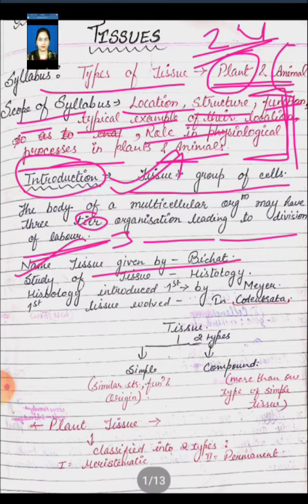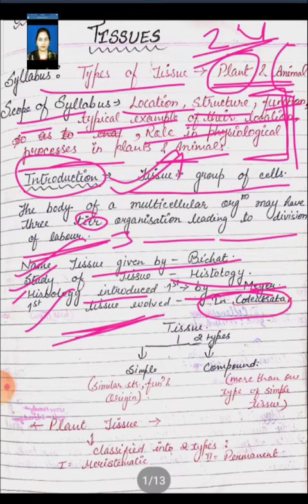The name tissue was given by Bichat. The study of tissue is called histology. Histology was first introduced by Mayer. The first tissue evolved in Coelenterata. Right? This is the introduction.